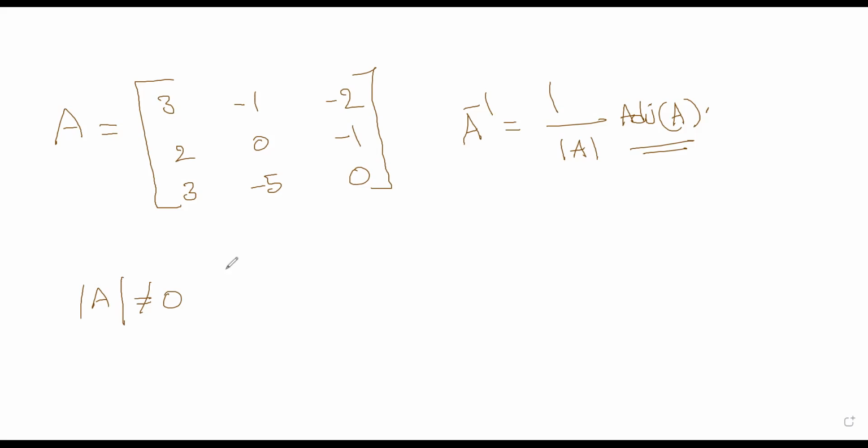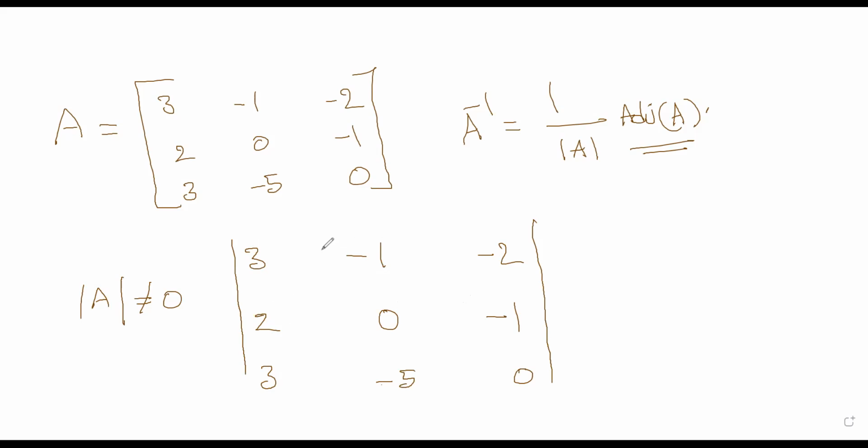You have to remember this process. So we'll write 3 minus 1 minus 2, 2 0 minus 1, 3 minus 5 0.